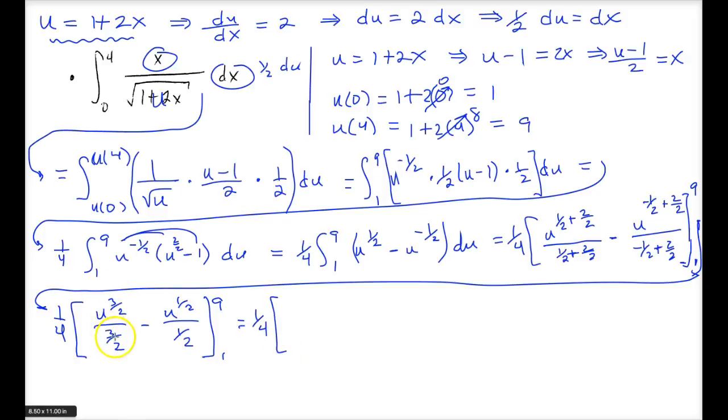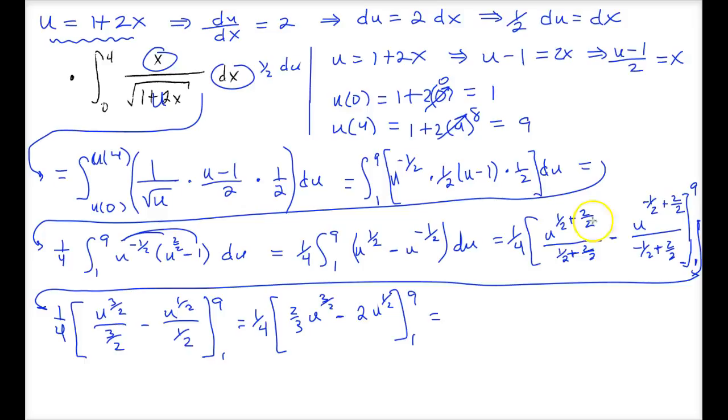And the reciprocal of 3/2 is 2/3, u raised to the 3 over 2. The reciprocal of 1/2 is 2, raised to the 1/2, and then that's evaluated from 1 to 9.